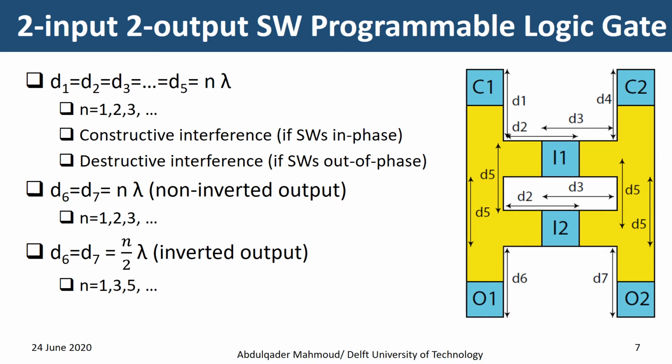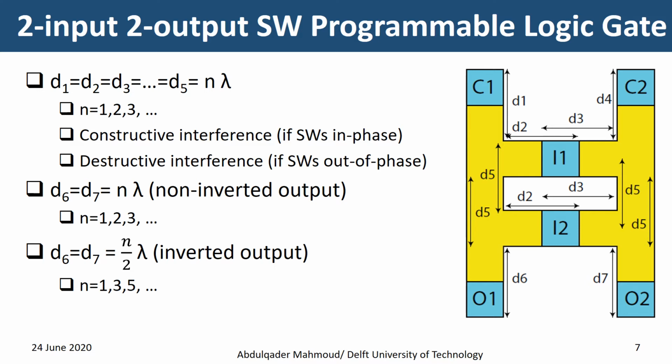Now moving to the left arm, the spin wave excited at C1 and the spin wave excited at I1 will interfere constructively or destructively depending on their phase at this point, and then the result will propagate downward to interfere constructively or destructively with the spin wave excited at I1, and the result of interference will propagate downward to be captured at the output.